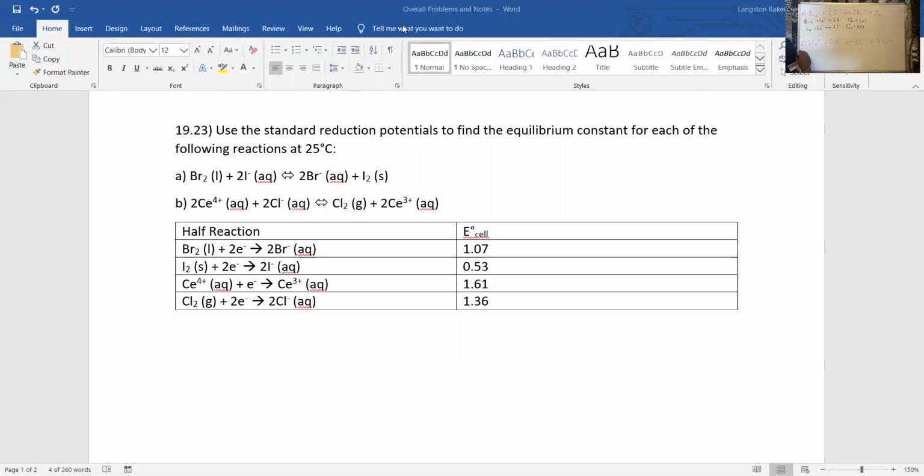This one, Ce4 plus plus e minus goes to Ce3 plus, and that's 1.61. Oh, Ecell.